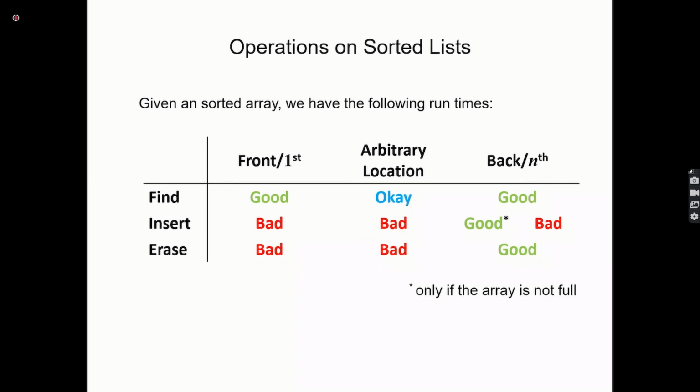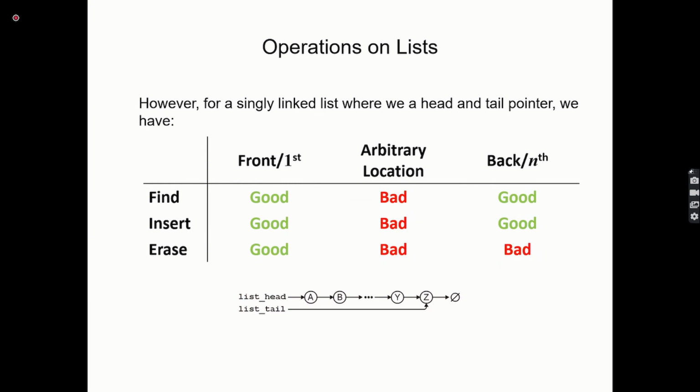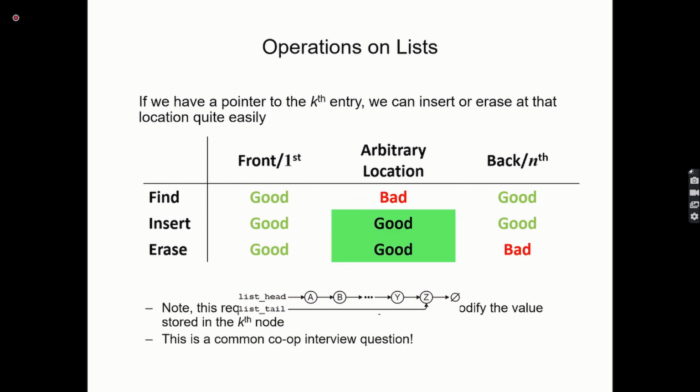For an operation on the list at an arbitrary location, it will perform badly. The remaining cases are good; for any nth position, when the position is given, this is more efficient. Fine. This is a list and sorted list we are talking about.